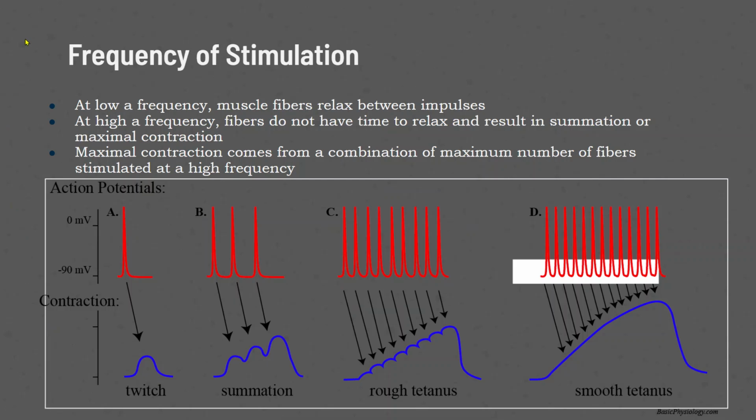So let's just look at a little bit more of this frequency of stimulation or rate coding. And it comes back to the action potential and how a muscle is actually contracted. So all action potentials reach the same threshold.